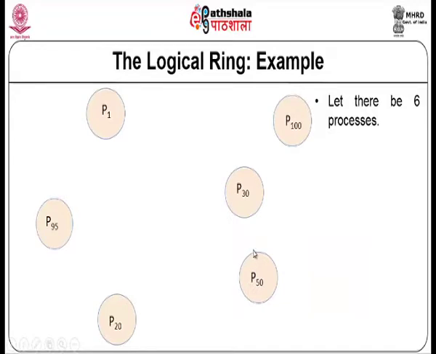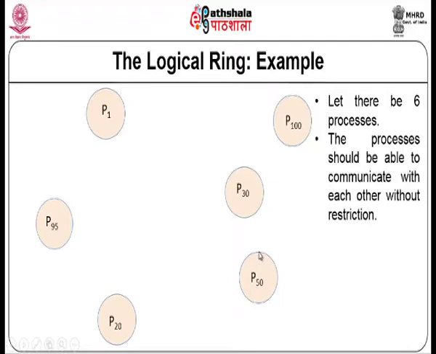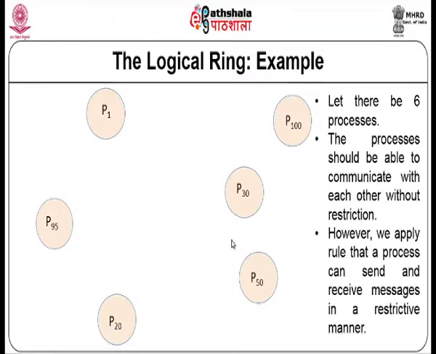We have in this system 6 nodes having different node IDs, and these node IDs are unique IDs, as we have already said. Now, normally these nodes are capable of communicating with each other freely, but we put the rule that a specific node can communicate only to a specific node and can receive from a specific node.